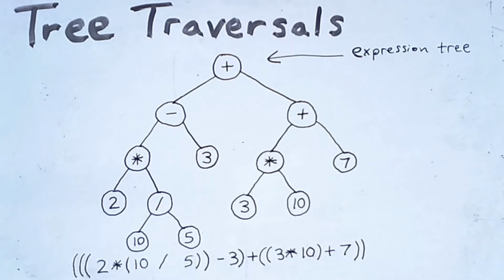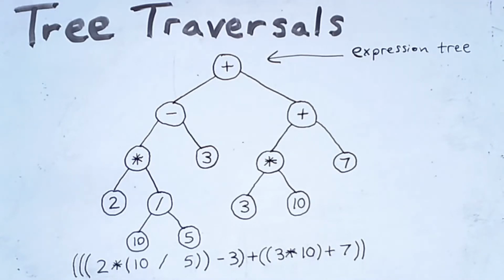So what if I wanted to write a program that would print out this expression shown at the bottom, given the tree? So I'm given an arbitrary expression tree, and I want code that will print out the corresponding expression in linear form with parentheses, like this.